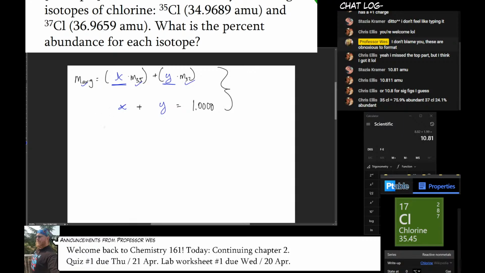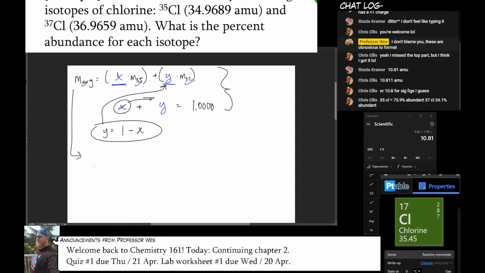So I'm going to do the following. I'm going to say that y equals 1 minus x, because I could just move this x over to the other side, right? And then I'm going to replace this anywhere I see y right there.